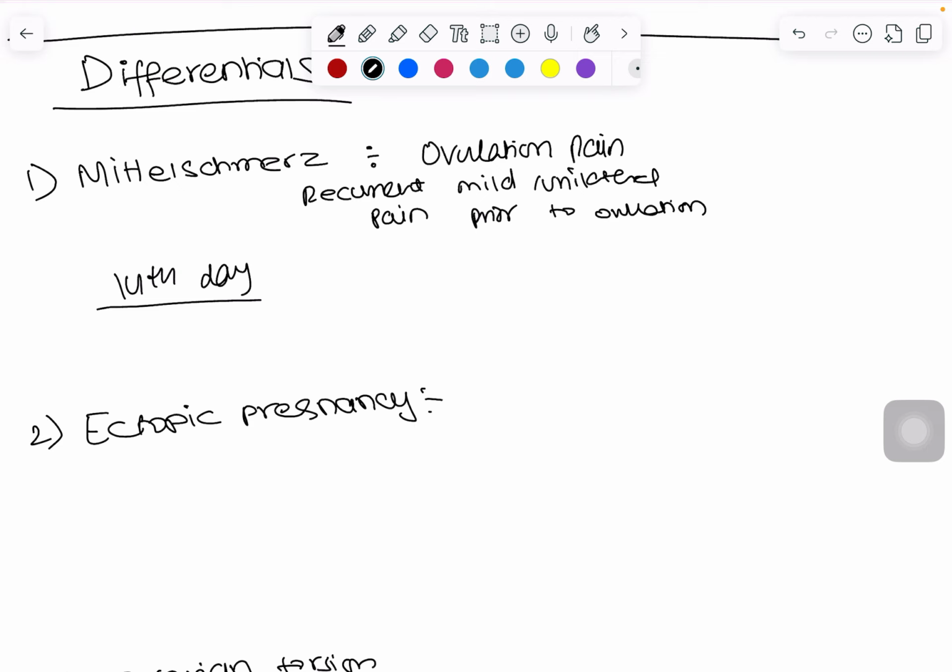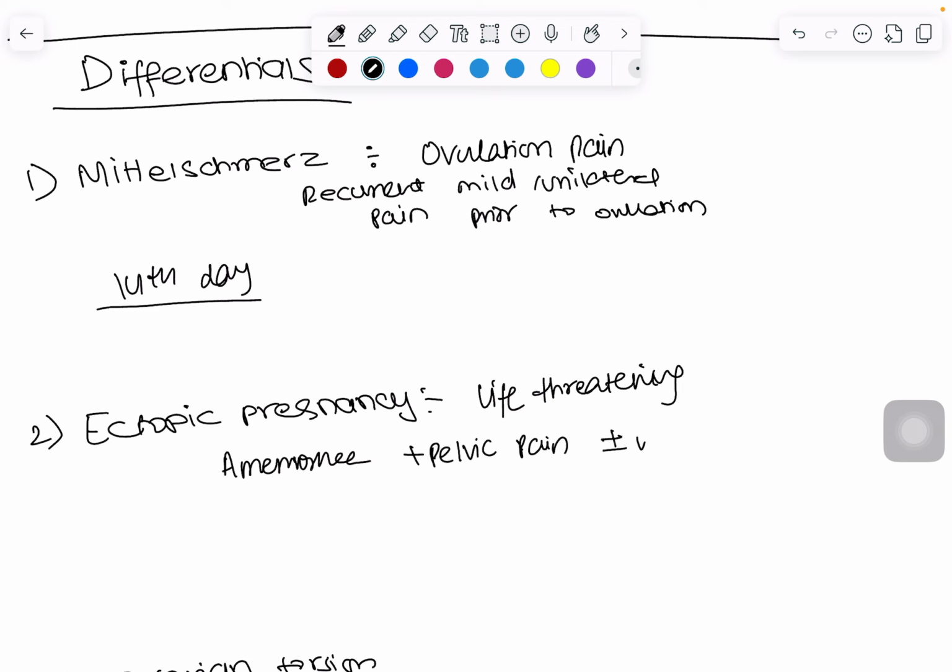Then we have ectopic pregnancy. This is a life-threatening situation, and the clinical presentation is that of a woman who has amenorrhea, I mean she's not having her menses, and she has pelvic pain.